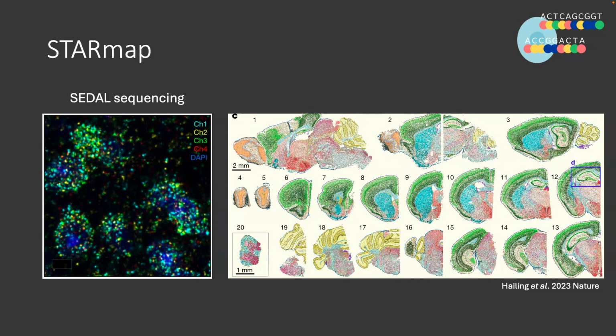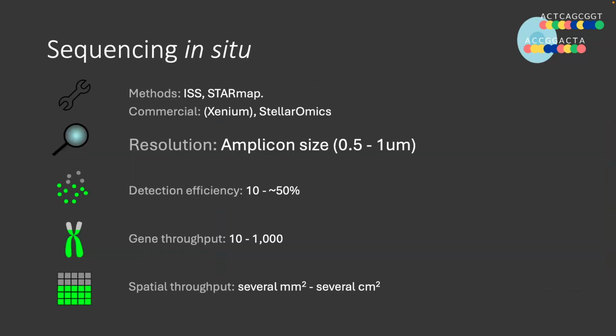And this is another mouse brain atlas to show how robust this method is. And it's a nice data set. All right, so these methods, ISS and StarMap, are the academic publications. Xenium originally originates from this branch, but now moved to a barcoded approach. And then there's Stereo-omics.